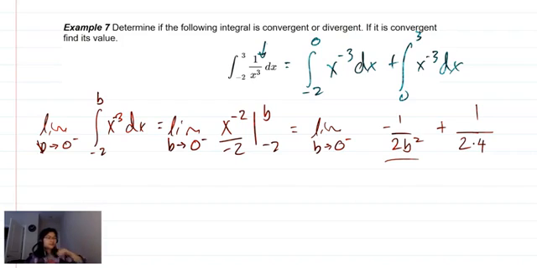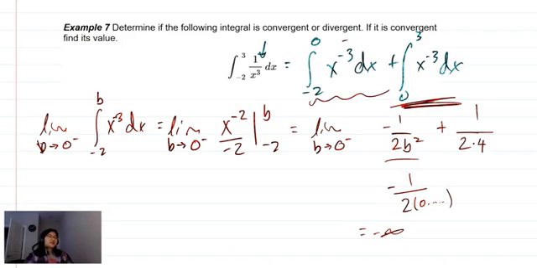We're approaching 0 from the left, but that's okay because it's squared, so then we have negative 1 over 2 times a very small number. So it's going to be positive, so negative over positive is going to be negative infinity. Womp. So even though we didn't bother with this other part, we just evaluated this and it is negative infinity, that means that the sum is going to be divergent.